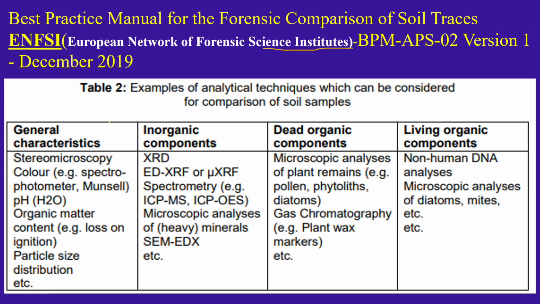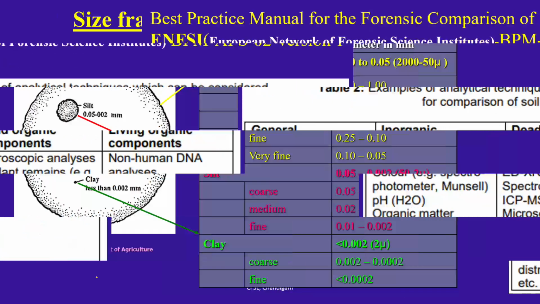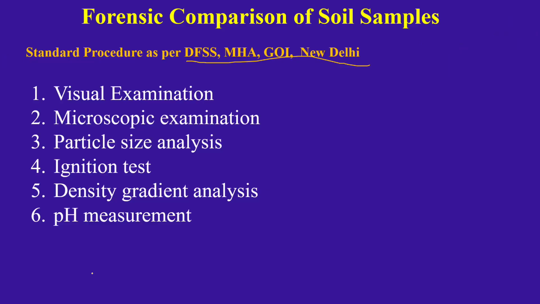In the previous video, I described the methods used for comparison of soil samples. In these methods, particle size distribution analysis is one of the important methods used for comparison of soil samples.